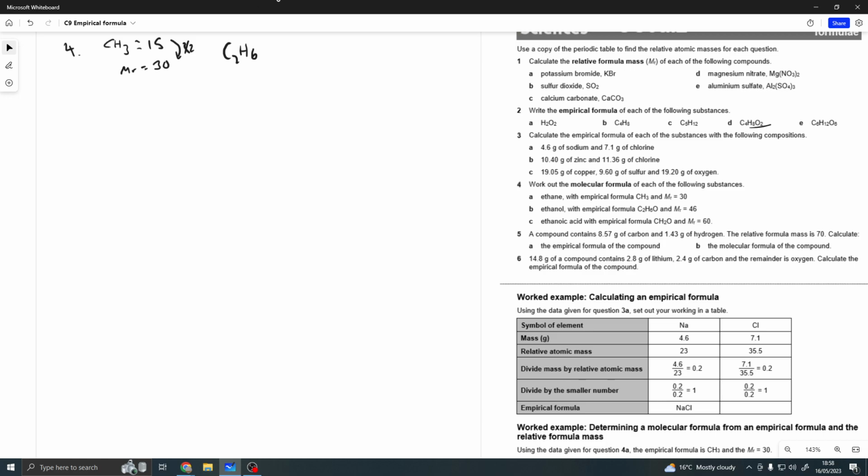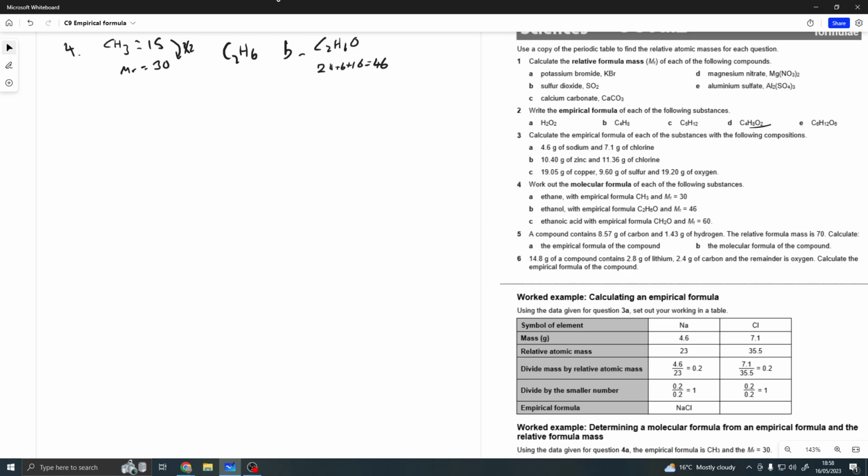Fantastic. Right, next let's go with B. This one's so straightforward. So ethanol with the empirical formula C2H6O and MR. If we do C2H6O, what we've got essentially is 24 plus 6 plus 16, which equals 46.